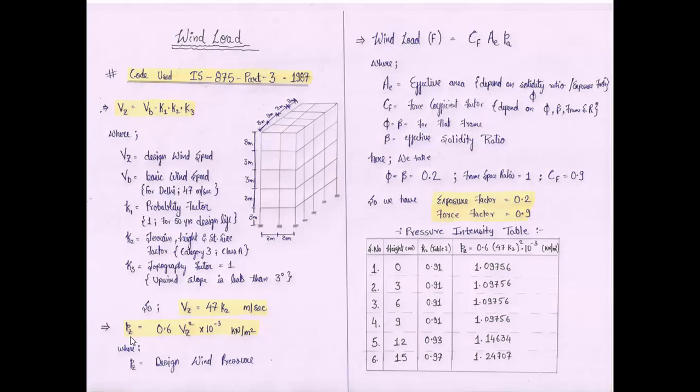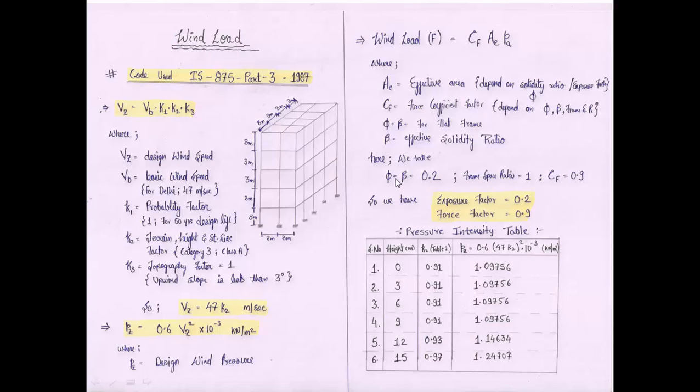Now the next step is pressure intensity or design wind pressure, which is 0.6 Vz square. Now the wind load acting on a structure member due to pressure intensity is given by Cf into Ae into Pd, where Ae is effective area dependent on solidity ratio, which is also known as exposure factor, and Cf is force coefficient factor, which depends on effective solidity ratio beta and frame space ratio.